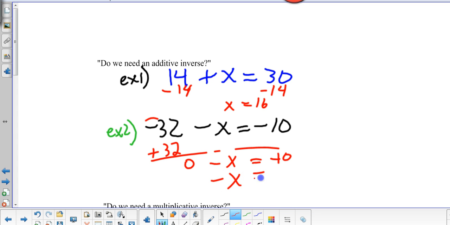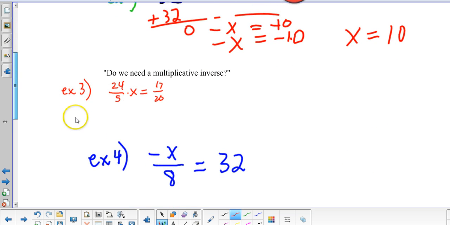And if negative x equals negative 10, the property of opposites says that if negative x equals negative 10, then x equals positive 10. Or you could divide by negative 1, if that's what you choose to do.